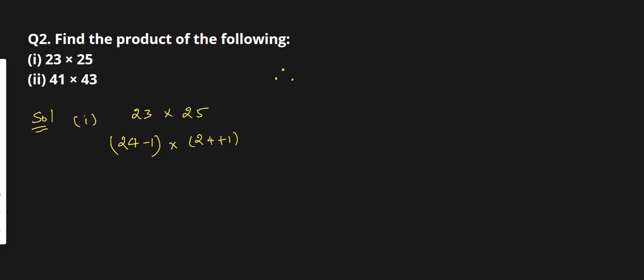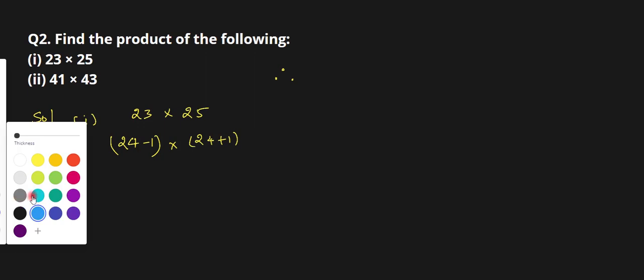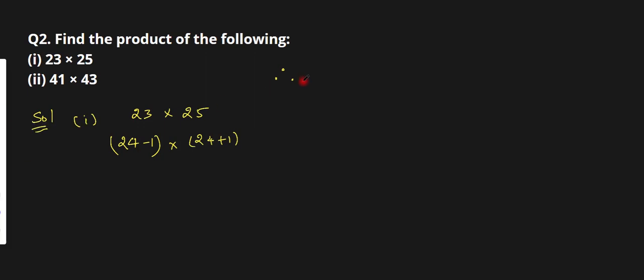The algebraic identity that I'm going to use here is (a plus b)(a minus b) will give you a square minus b square.